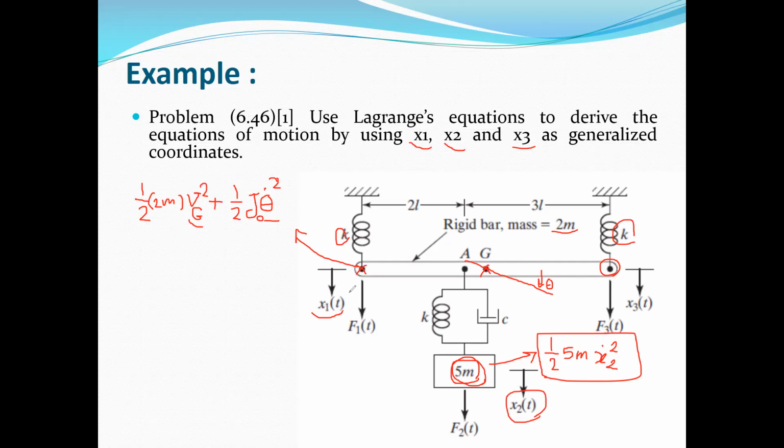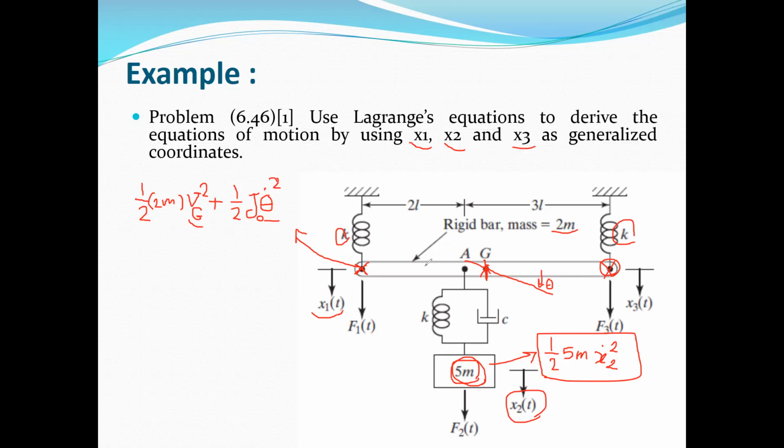So for this purpose, we can write a relation between theta and Vg. As you can see, point G is located at the center of this rod, and x1 and x3 are the two end points of this rod. I mean, we can write the velocity of G as an average of the velocity of points x1 and x3.